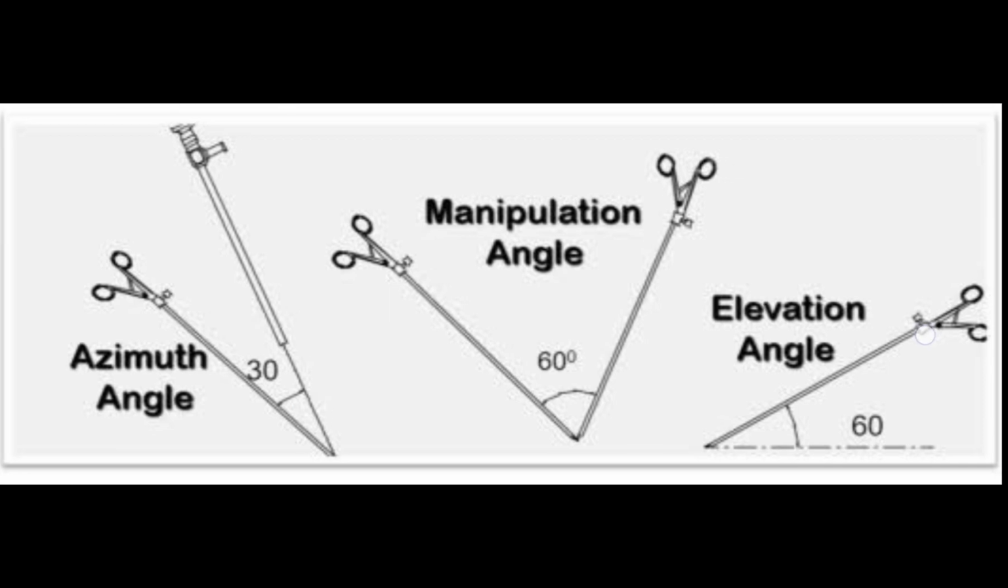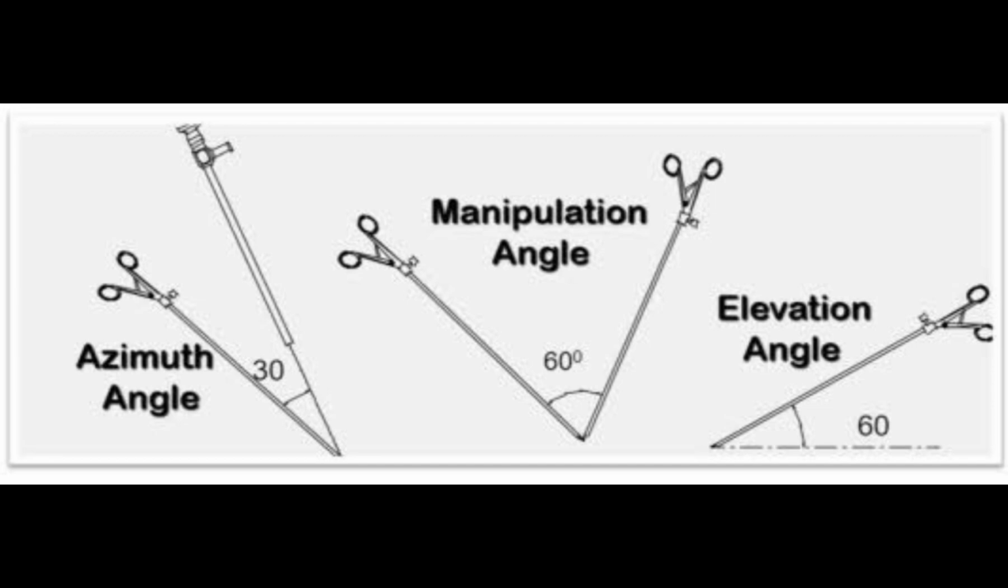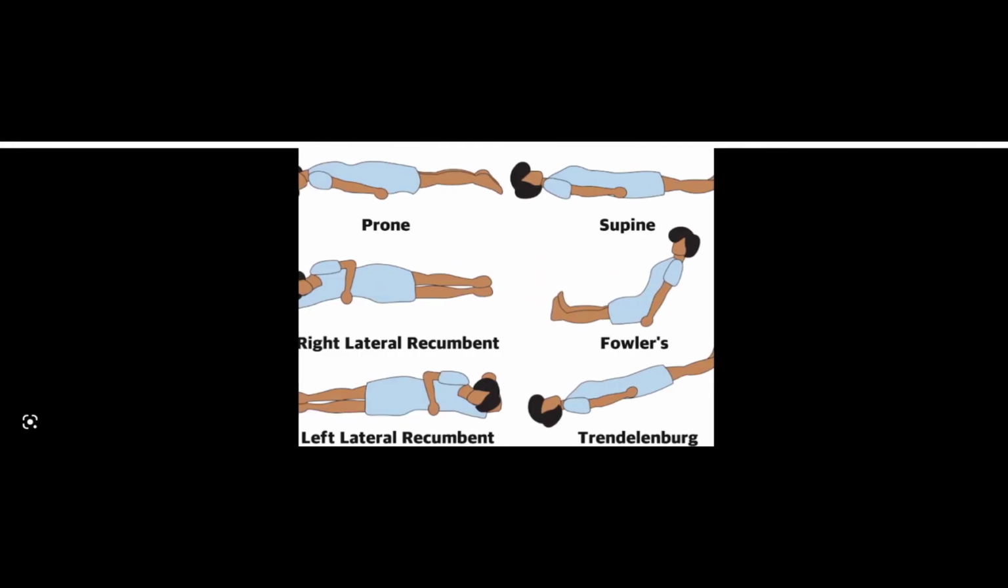The elevation angle is the angle between the horizontal axis or ground and the instrument, which is equal to 60 degrees, and the manipulation angle is the angle between the two instruments and that is also 60 degrees. So both elevation and manipulation are 60 degrees, and the azimuth, as A is the smallest letter, is the smallest angle and it is 30 degrees.